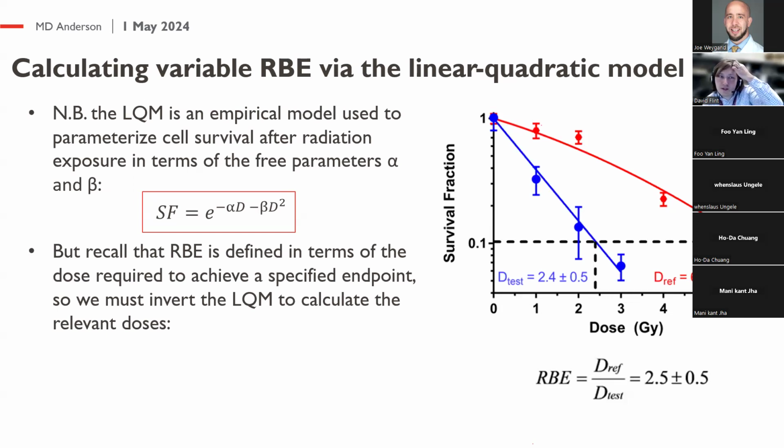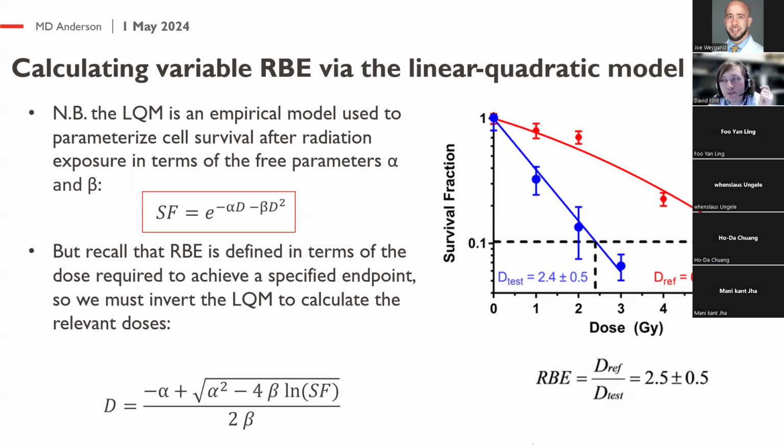Another thing to remember when you're trying to calculate RBE is that you're not calculating differences in survival, you're calculating differences in doses. So frequently, you're going to come across an ugly expression that looks kind of like this. And this is just a result that comes from inverting the linear quadratic model to calculate the dose.